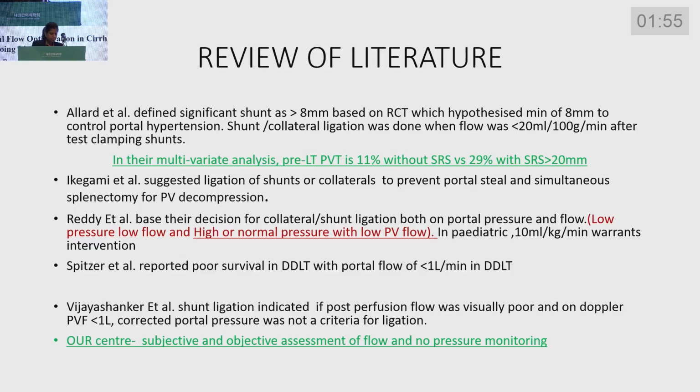In countries like Japan and Korea, they prefer to ligate the shunts, create a controlled situation, and then modulate. In India, some of the centers measure both flow and pressure, and then take a call on augmenting the portal flow. At our center, we have utilized subjective and objective assessment of portal flow and no pressure measurements.